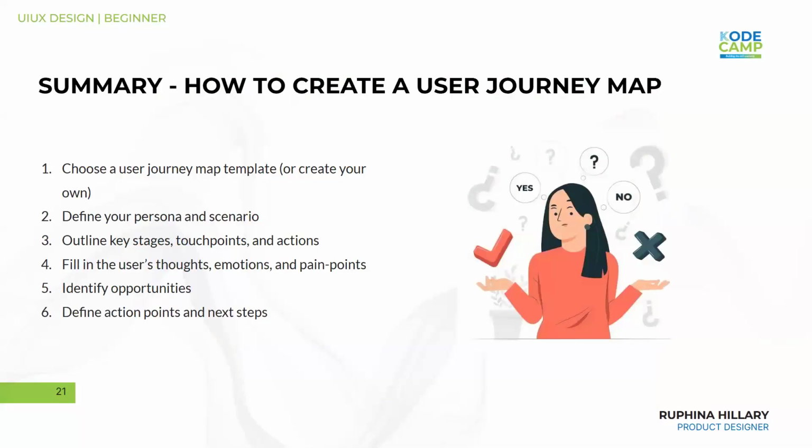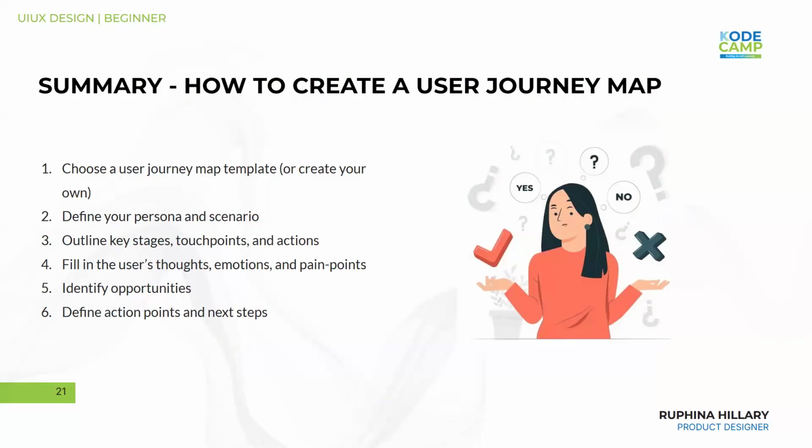So, in summary, one, choose the journey map template, or you can create your own. Two, define your persona and the scenario that you are creating. Three, outline key stages, touch points, and actions. So, what are the key stages?